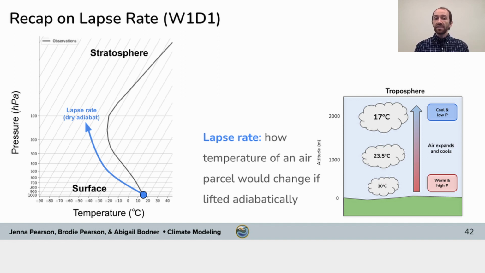And that decrease is something that we can plot on these skew-T plots like the one on the left. So for that particular surface air parcel, the blue air parcel, we can plot its lapse rate, and what that line represents is the temperature that air parcel would have if we were to move it up adiabatically in the atmosphere. If we moved it up, it would follow that line as it moves upwards.